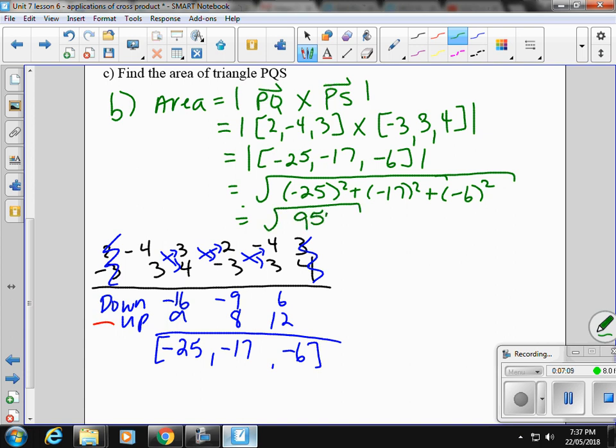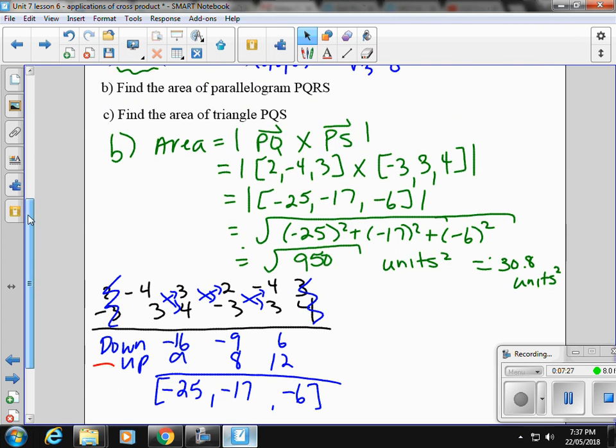Square root of 950 units squared. Approximately 30.8. So that's cool. That's probably the fastest way you've ever found to find the area of a parallelogram.